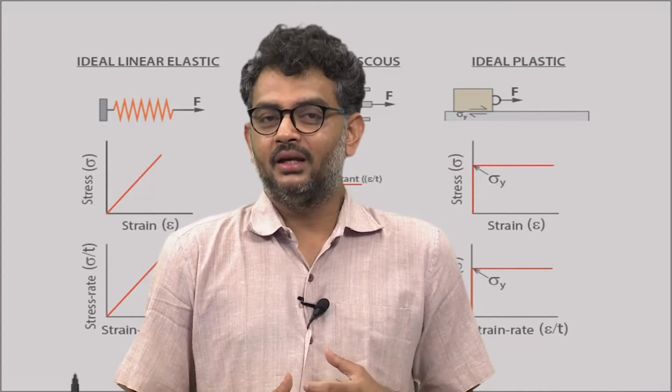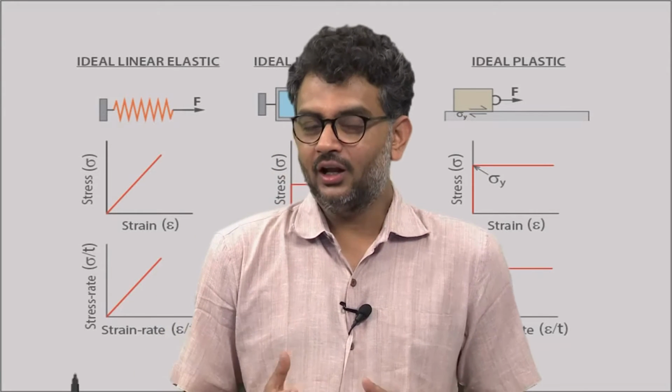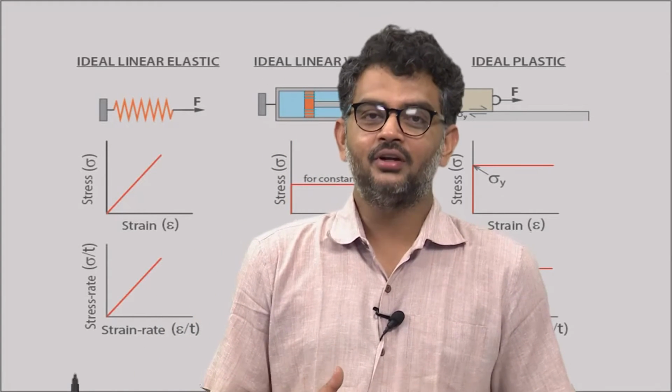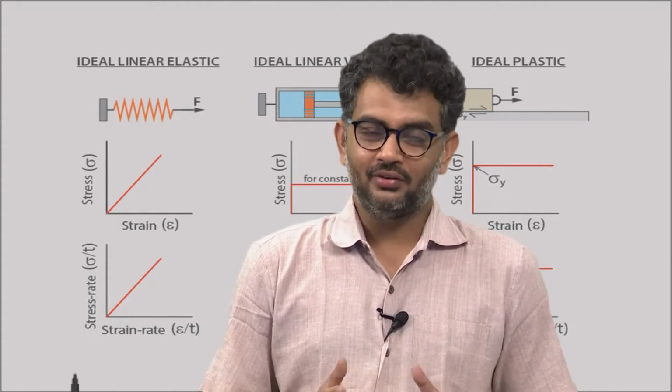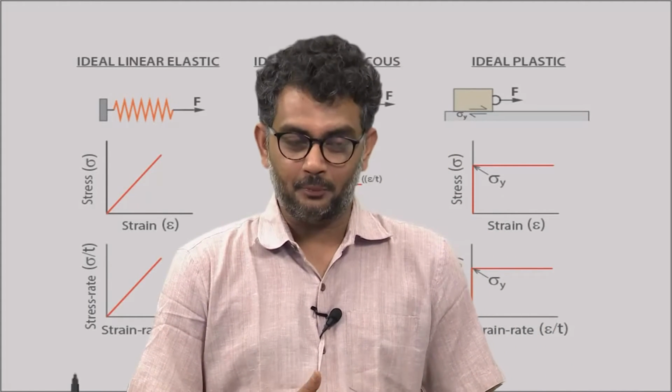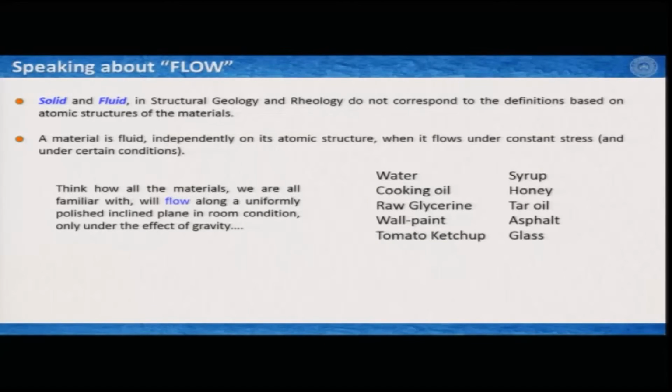But in the study of rheology, as I said, everything flows, so the definition of fluid goes a little funny. A material is a fluid, independent of its atomic structure, when it flows under constant stress and, of course, under certain conditions. Please note, it does not define the time.